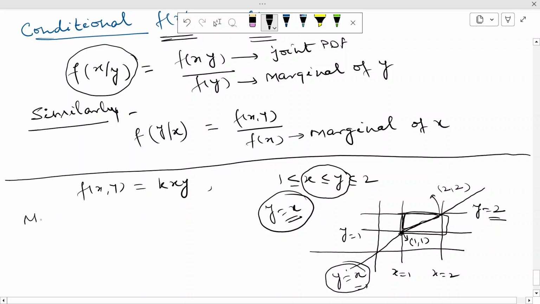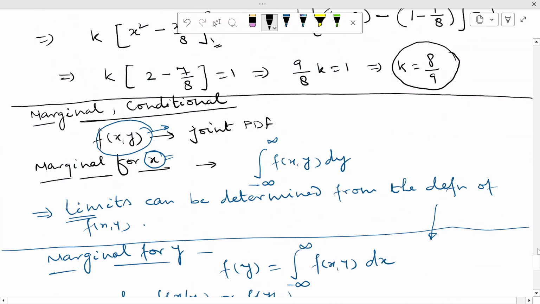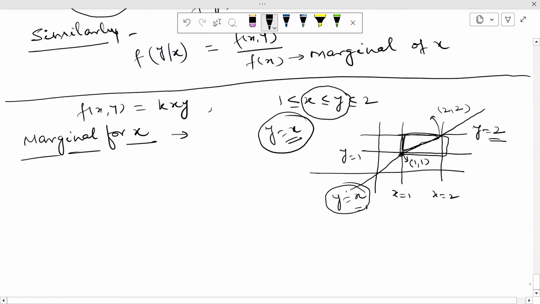So let us find the marginal for the variable x. We have already obtained the value of the constant k here. The value of k is coming out as 8/9. So our fxy, after putting the value of k as 8/9, will be 8/9 xy.